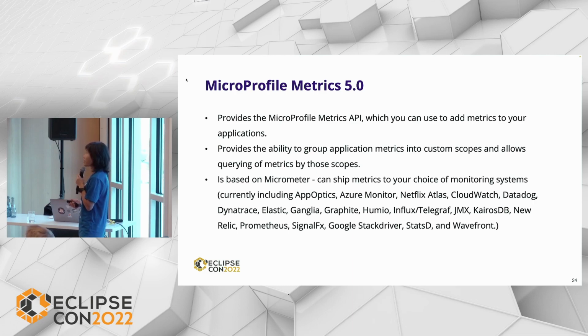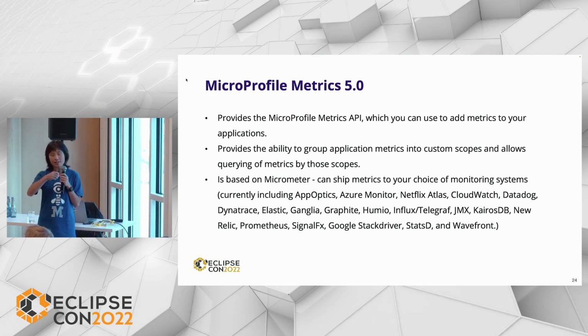The other thing is, MicroProfile metrics has a few endpoints like /metrics, where you can see all the metrics, and /metrics/base, where you can see some base metrics. And version 5.0 added custom scope. So you can also define your own metrics, group them, and you will be able to get a different endpoint.